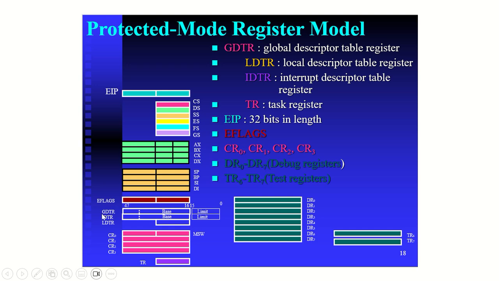General purpose registers are 32-bit, base registers are 32-bit, offset values are 32-bit, plus you can see some additional registers like the GDTR, the Global Descriptor Table register.